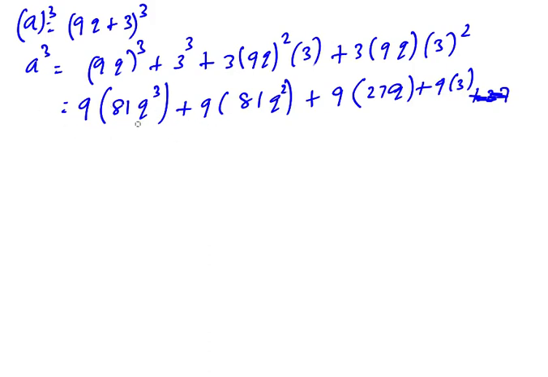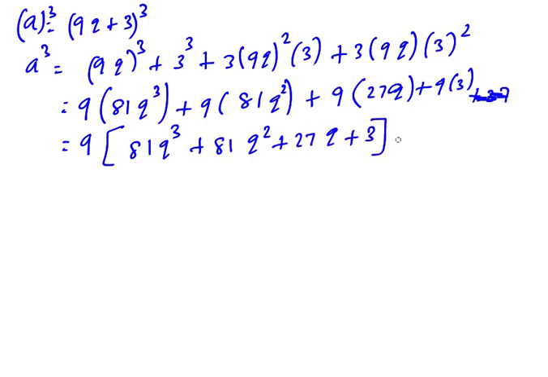So every term is having 9. So let me take 9 common outside in all the terms, so that 81 cube plus 81 q square plus 27 q plus 3. So if we consider this bracket as m, this can be written in the form of 9m. So 9q plus 3, the whole cube can be written in the form of 9m.